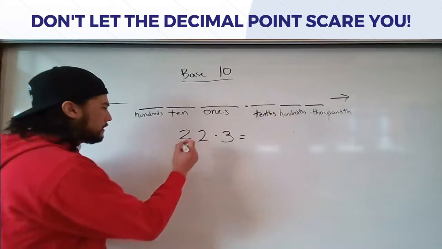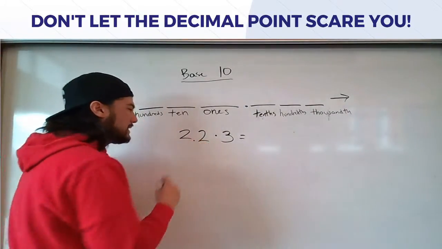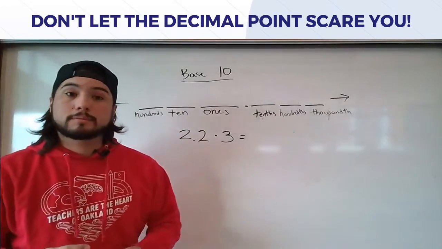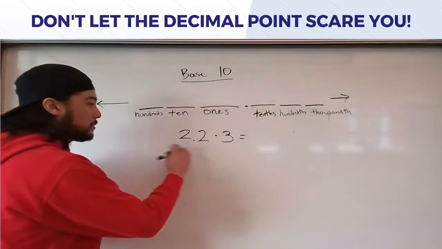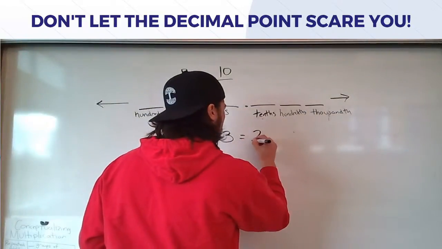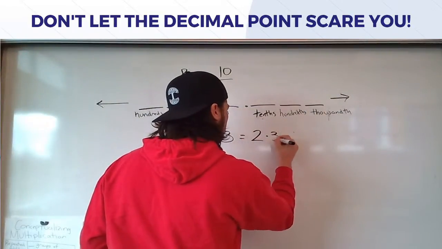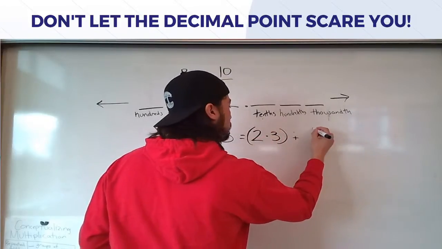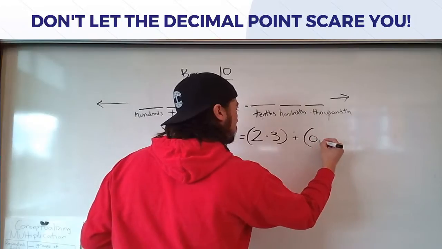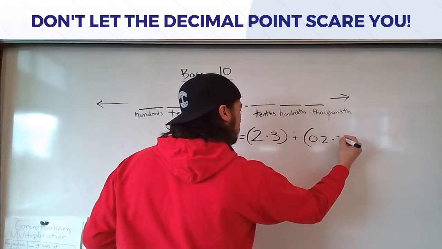Okay? The fact that there's a decimal point here doesn't change how we can approach this multiplication problem. We can separate this up into 2 times 3 plus 2 tenths times 3.